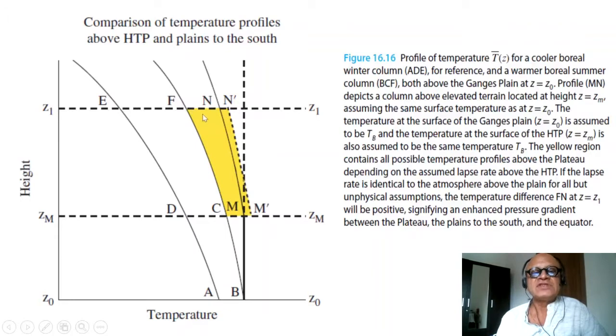So that's the first thing to argue heuristically based on the convective radiative model: in a simple sense, the latent heat release on the Tibetan plateau is going to give us an increasing temperature gradient from the Ganges plain to the Tibetan plateau, and that's going to give us the easterly jet, which is consistent.